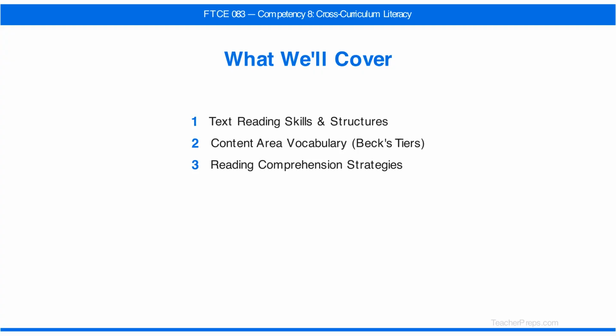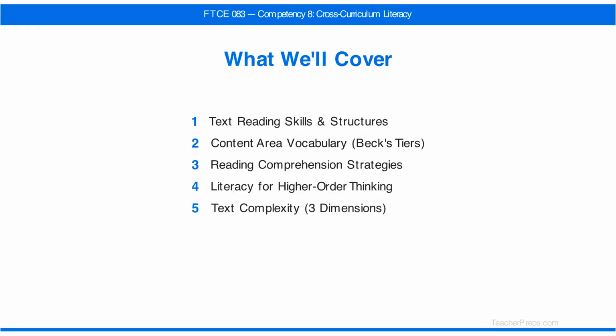Third, reading comprehension, including reciprocal teaching, close reading, and think-alouds. Fourth, literacy for higher-order thinking, including Socratic seminars, argument writing, and QAR. Fifth, text complexity, including the 3 dimensions, and how to support struggling readers with grade-level content. And sixth, data-driven literacy differentiation with flexible grouping based on assessment data.